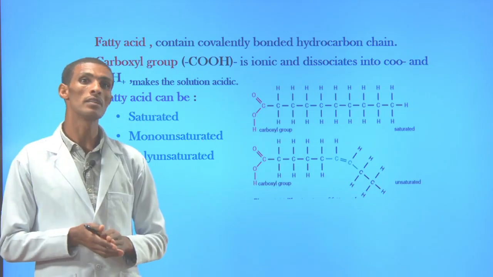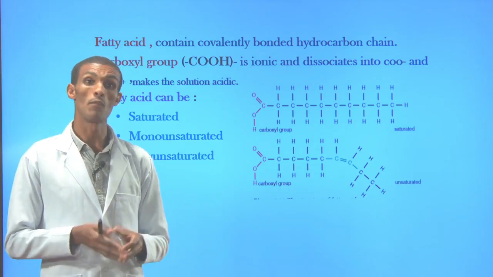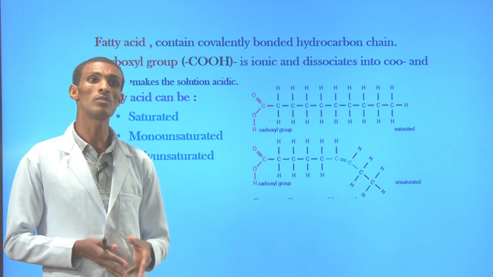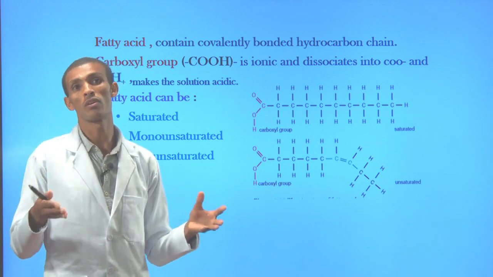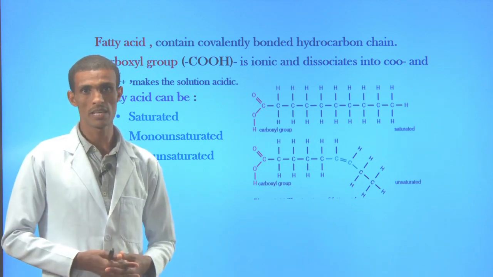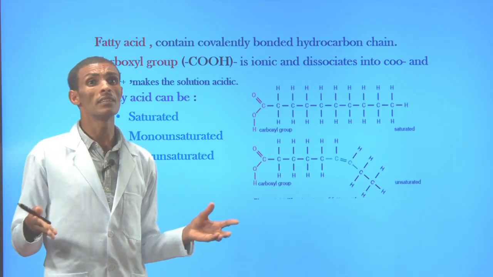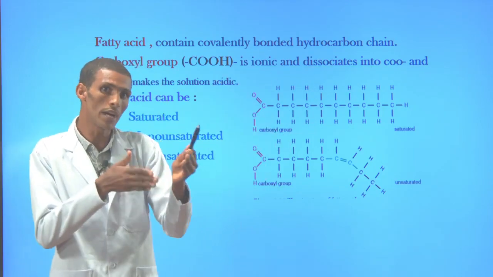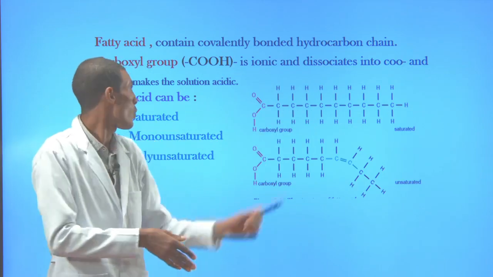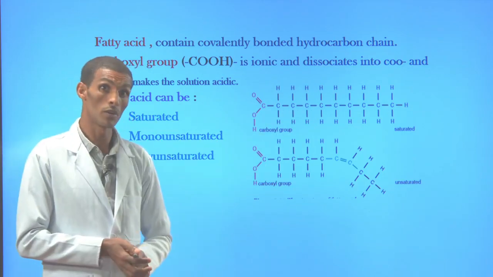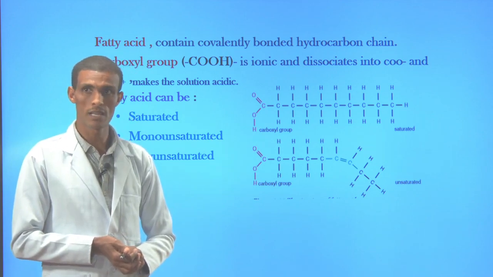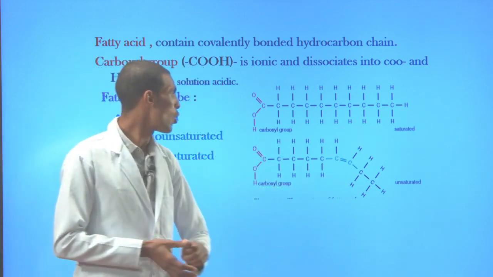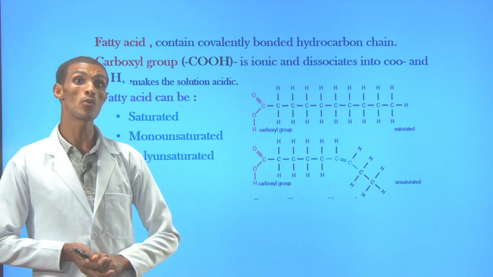Fatty acid may be saturated, monounsaturated, or polyunsaturated based on the presence or absence of double bonds. If a fatty acid is a long chain of hydrocarbon joined together by single bonds only, we call it saturated, with no double bond. If only one double bond is found, it is said to be monounsaturated.